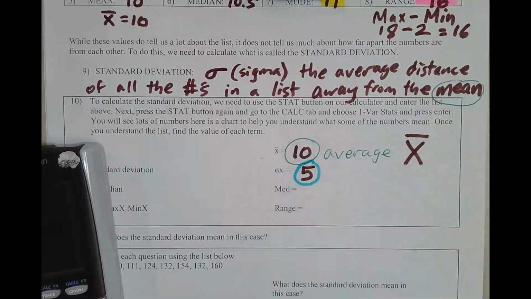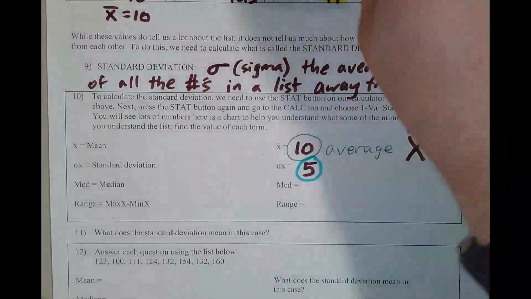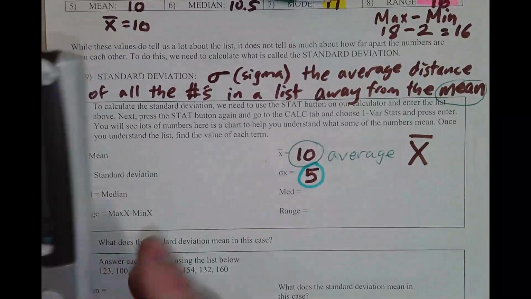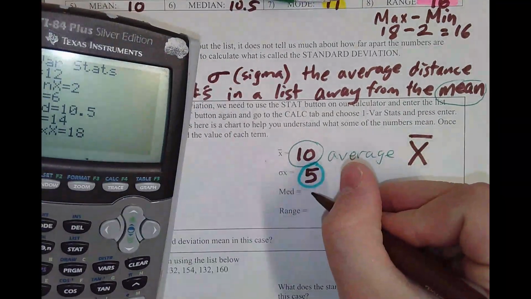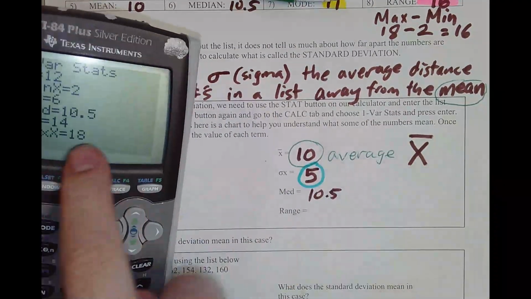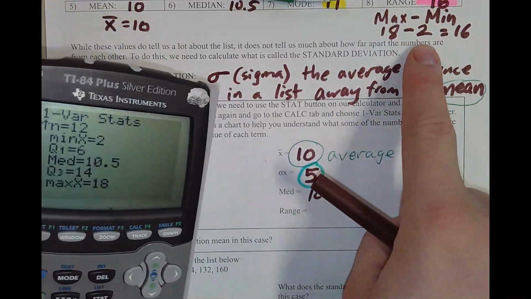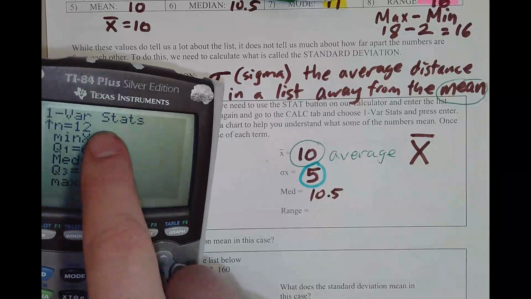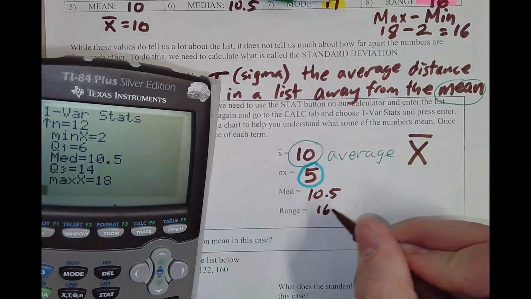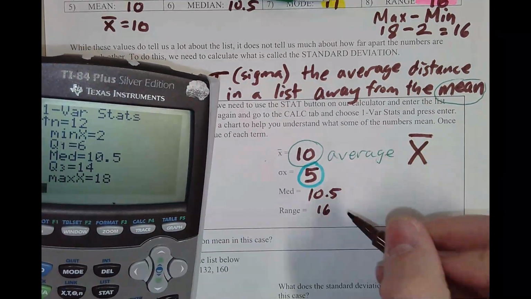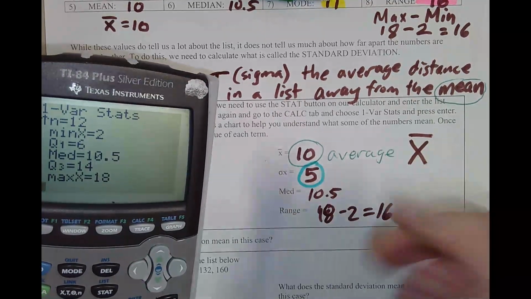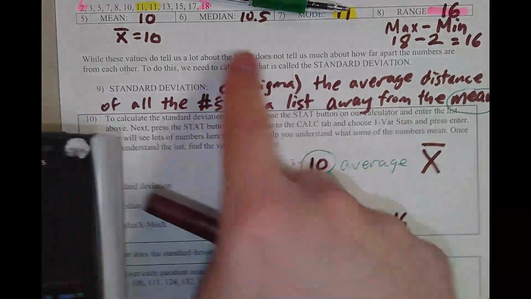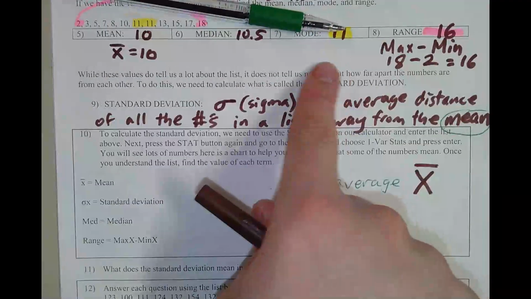So that is our standard deviation. Now the median, of course, we already figured this out. The median, if you scroll down, it gives you the median of 10.5. And the range we know is going to be the maximum minus the minimum, which was 16. So we got that from doing 18 minus 2, which was 16. If you're like, Mr. Maynard, I'm lost, we did that up here.